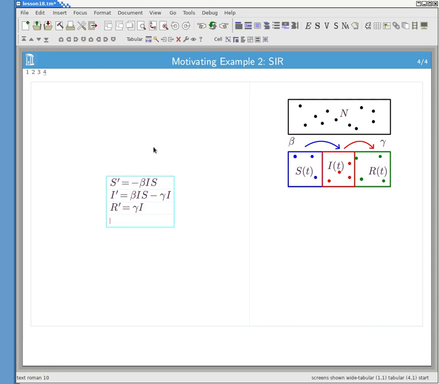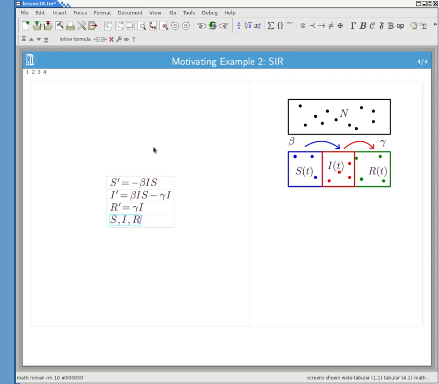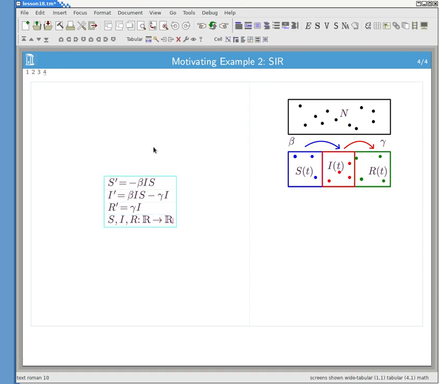So S, I, and R are defined on the reals with real values. But note that they appear multiplied with one another in this particular context. So there's no way that we could put them in the form of a multiplication of a constant matrix with a vector of unknowns that would contain these variables as we did in the previous screening clinic example.